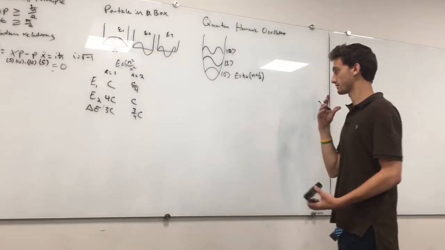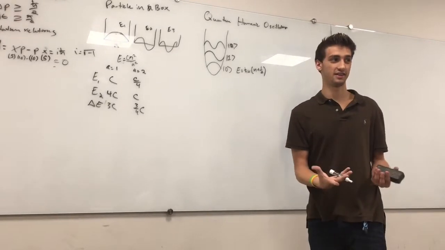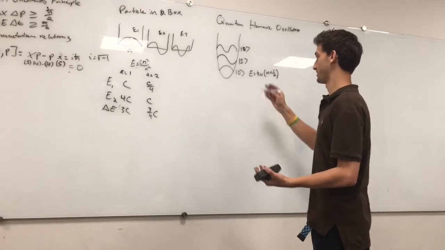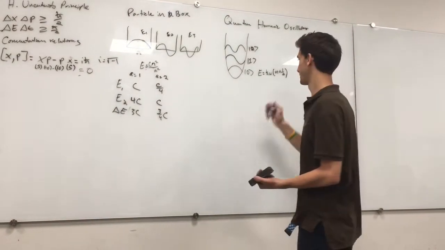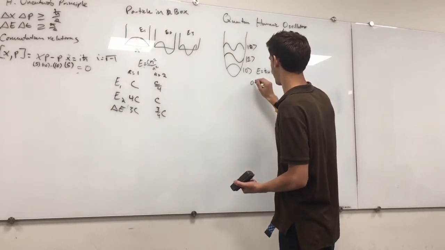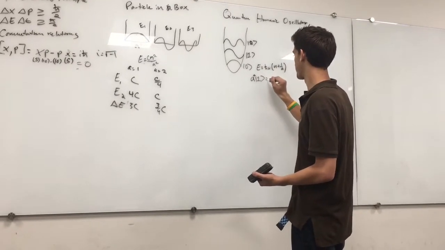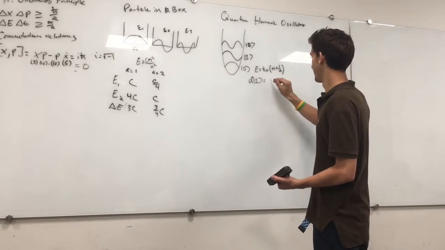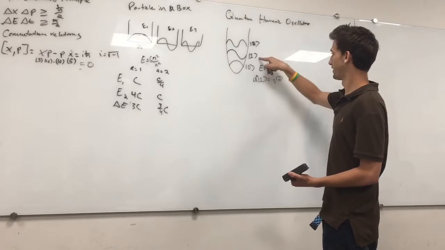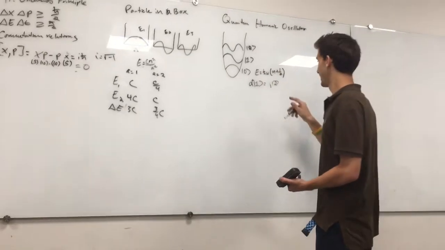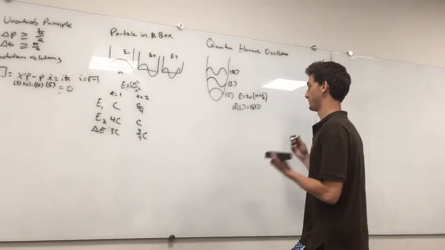This is a more fun way of getting from one energy level to another. You have something called raising and lowering operators. If we act on a state, let's say the first state, with a raising operator, we get the state 2. We go from a lower energy state to a higher energy state, and a normalization factor comes out of it.